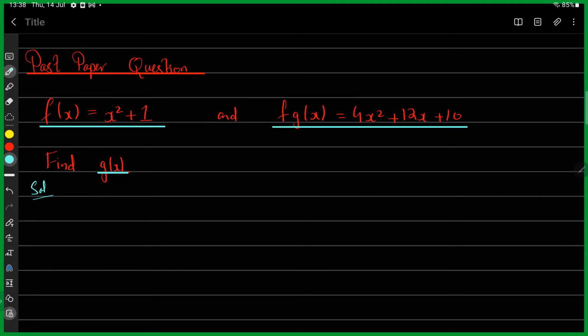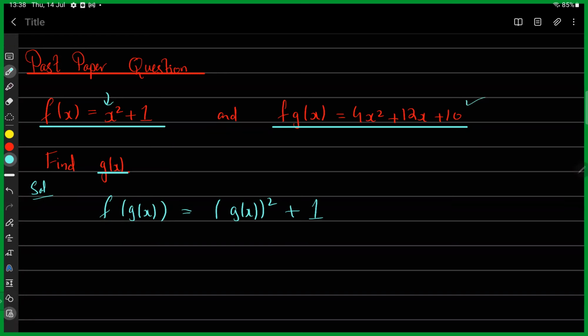It is f of g of x, so it would be g of x squared plus 1, something of this type, right? And we know that this composition is equal to this.